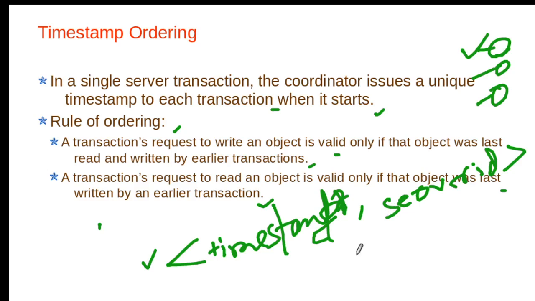With this timestamp we will try to find which transaction was earlier and which was later. So T2 cannot write on a data object which has been written by T3.